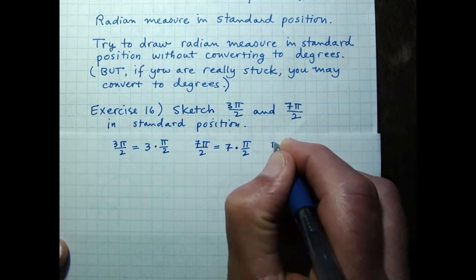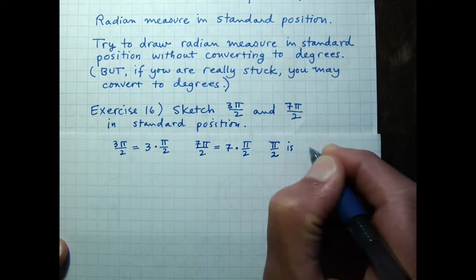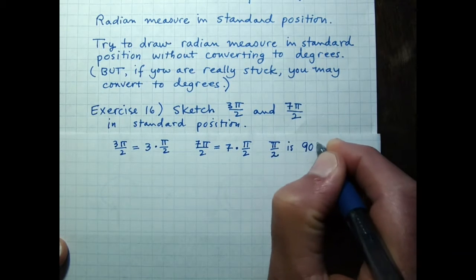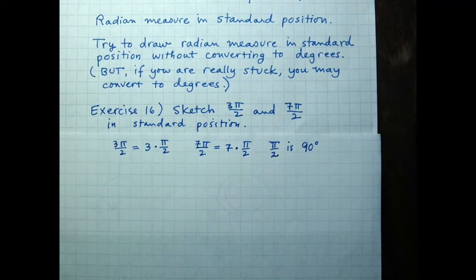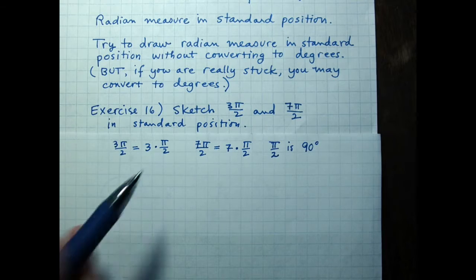And you already know that pi over 2 radians is the same thing as 90 degrees. So if you're comfortable with multiples of 90 degrees, you should have no trouble with multiples of pi over 2. So just like you can take 3 times 90 degrees, you can take 3 times pi over 2.